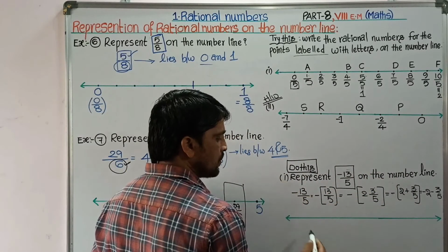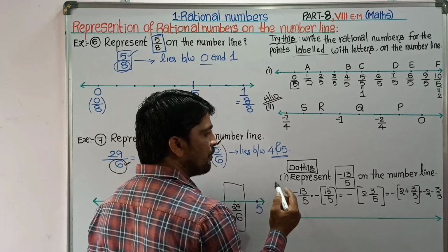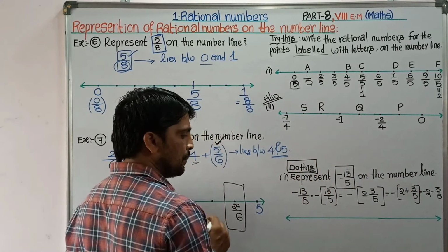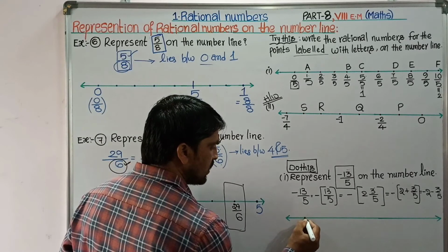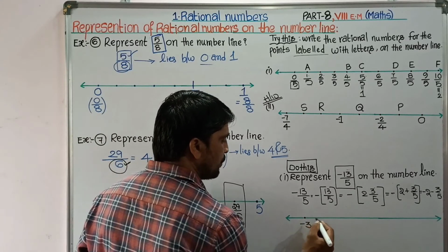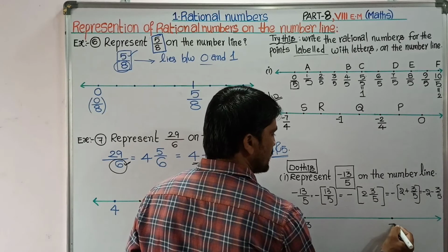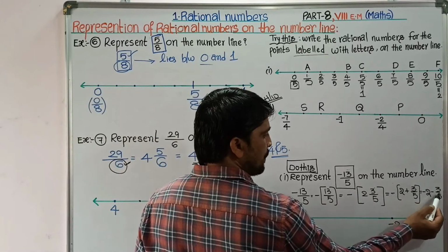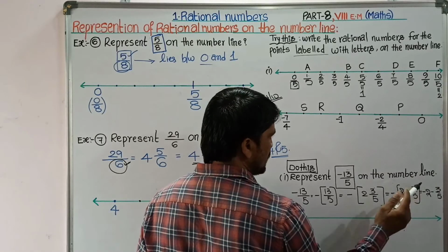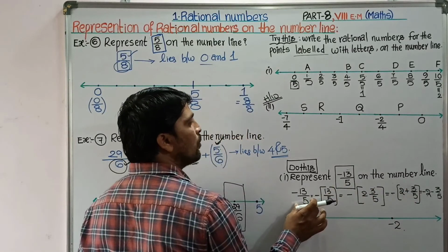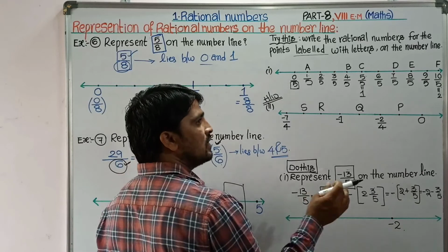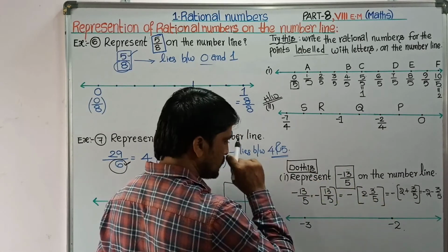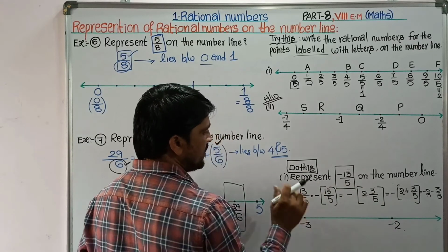That is, the value of minus 13 by 5 lies between minus 2 and minus 3 on the number line. So consider the 1 unit length between minus 3 and minus 2 on the number line. Since we are subtracting 3 by 5 from minus 2, the value of minus 13 by 5 is less than minus 2, that is, it lies between minus 2 and minus 3.